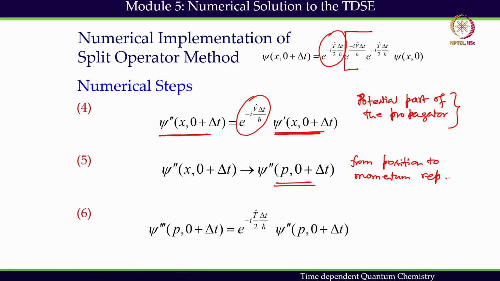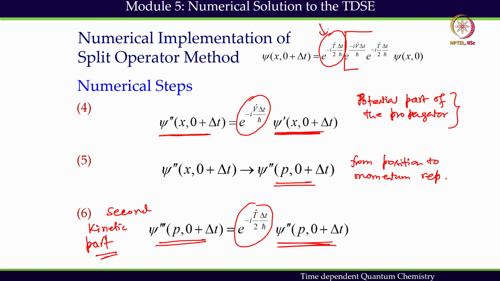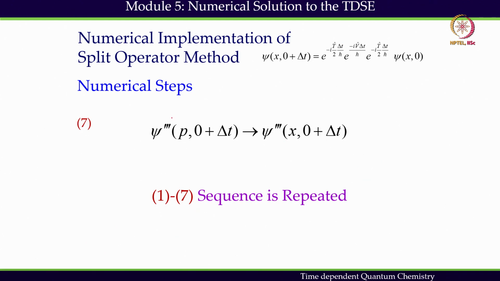Once I represent it, then I can employ the remaining part of the kinetic part, the second kinetic part, and I get the propagation due to this second kinetic part in the momentum space. And once we do that, finally I get this wave function, and this wave function needs to be converted to the position space again.